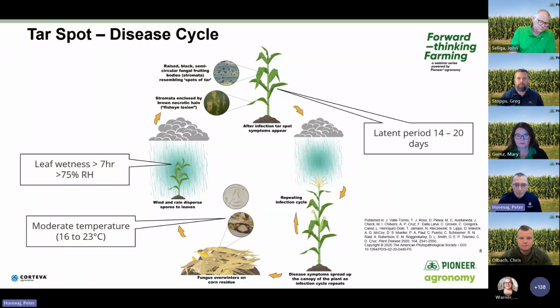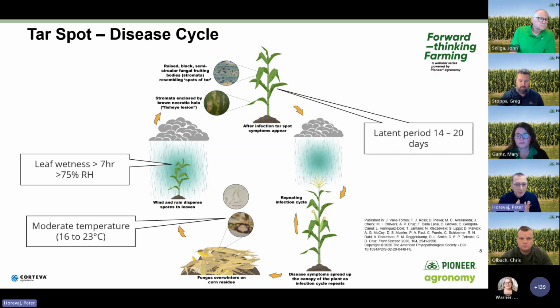And what I want to also highlight here in this disease cycle is the latent period. Latent period means the time from infection until you see the symptoms. This period is pretty long compared with some other foliar diseases.